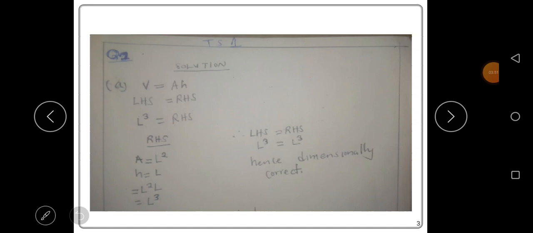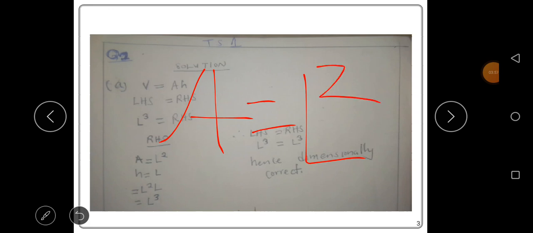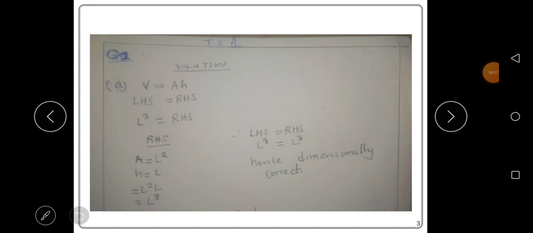So let's also look at the dimension of area. The dimension of area is equal to L squared, which we have written here. Then what is the dimension of height? The dimension for height is just another form of length.